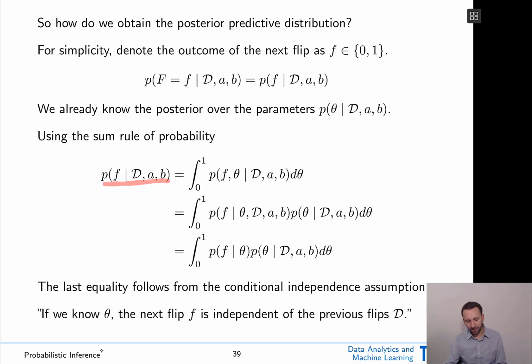So if we look at this distribution here, we can, on one hand, inject the parameter theta, but we immediately marginalize it out. That's a standard trick in probability. You can always type P of A. This is, of course, the same as integrating over B of P of A and B. In the discrete setting, if you don't have an integral but are more familiar with discrete domains, you would have a sum.